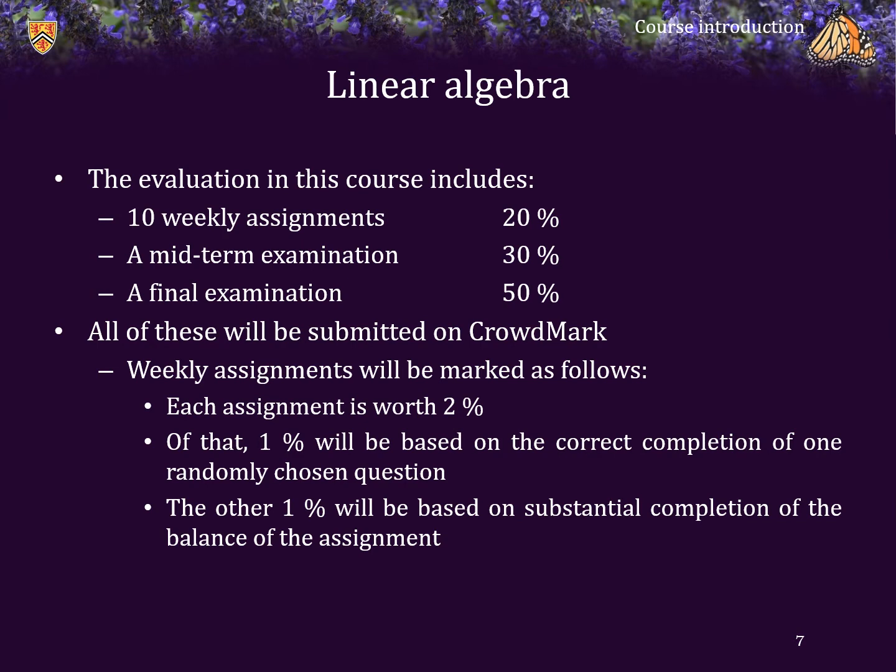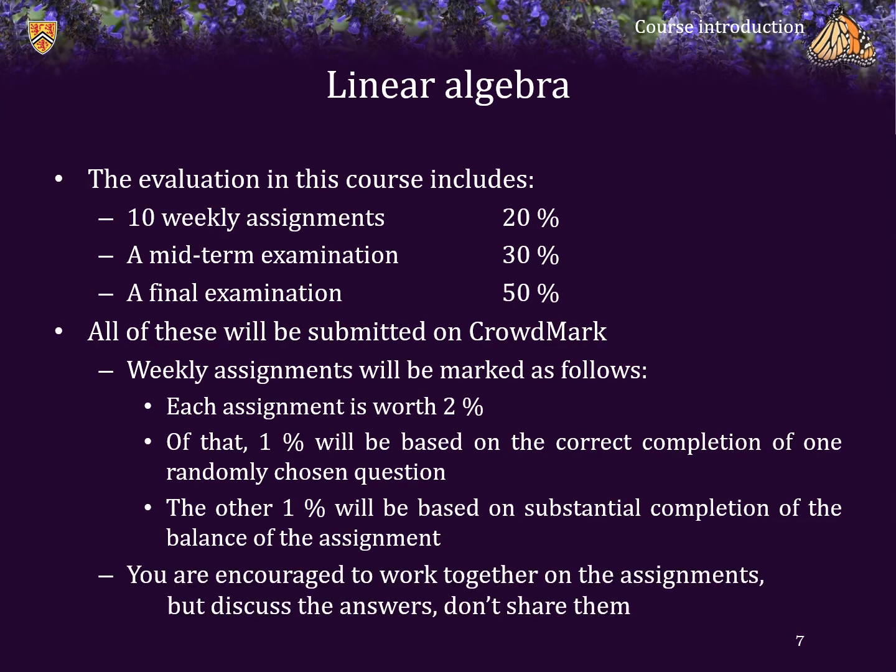Of that, 1% will be based on the correct completion of one randomly chosen question. The other 1% will be based on substantial completion of the balance of the assignment, regardless as to the correctness of the solutions. You are encouraged to work together on the assignments, but simply discuss the answers. Don't share them.